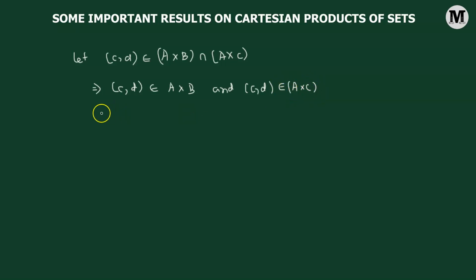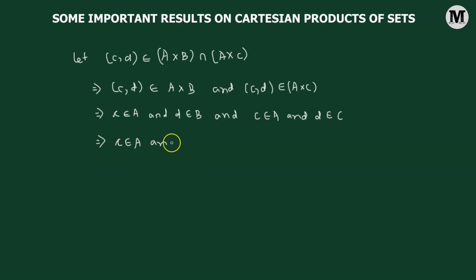Fine. Next, we now have the first element of the ordered pair, which is C. So C is going to belong to the set A, and we have the second element D belonging to the set B, and we have C belonging to the set A and D belonging to the set C. This means that in both of the two statements we see that C belongs to the set A. So we can fix that.